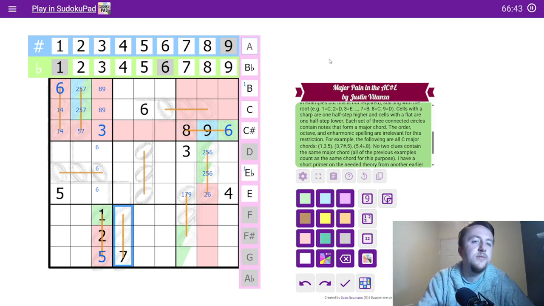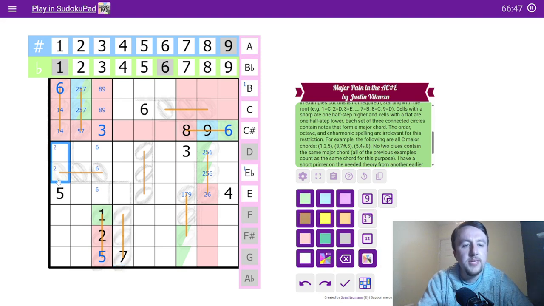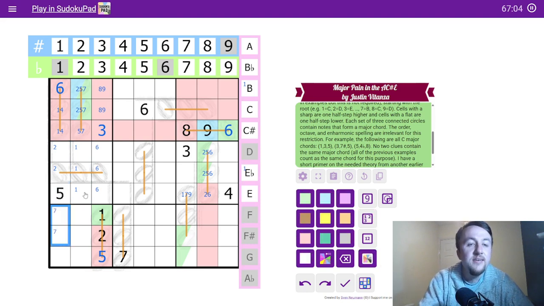Oh, okay, alright. Let's not let this momentum slip. There's a 2 over here. There's a 1 in here. Is that useful? Probably not. I was about to say there's a 5 over here. No, there's a 5 there. There's a 7 here.